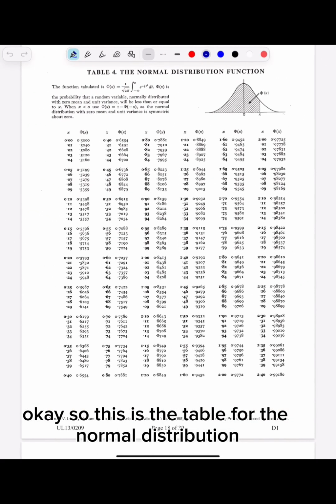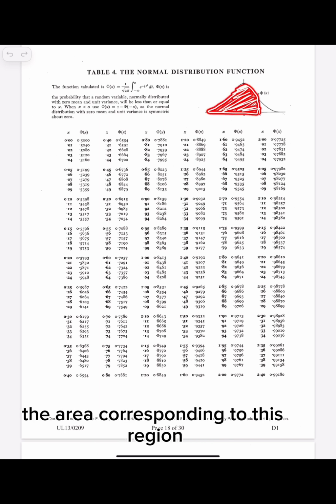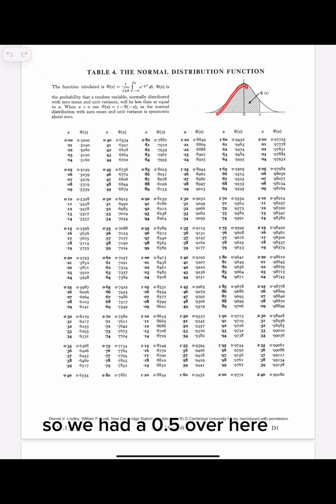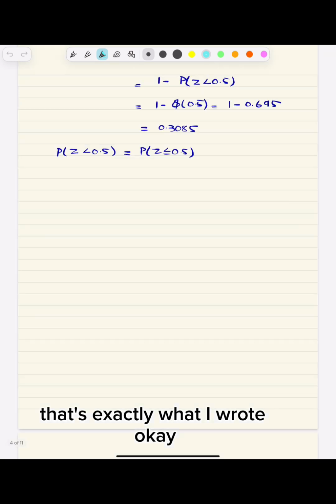This is the table for the normal distribution. As you can see, it tells us the area of the shaded region corresponding to this region. So we had 0.5 over here, and it's 0.6915. That's exactly what I wrote.